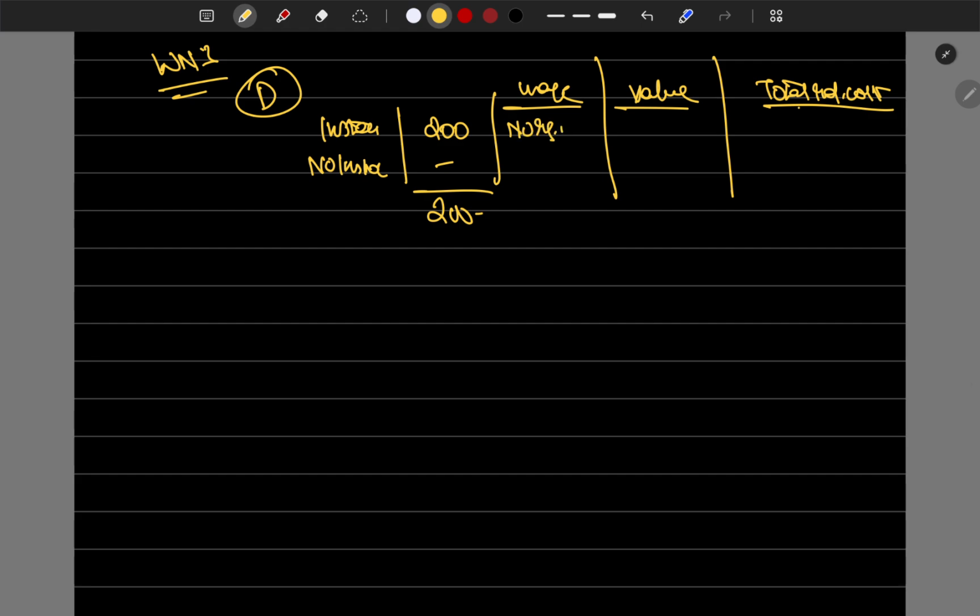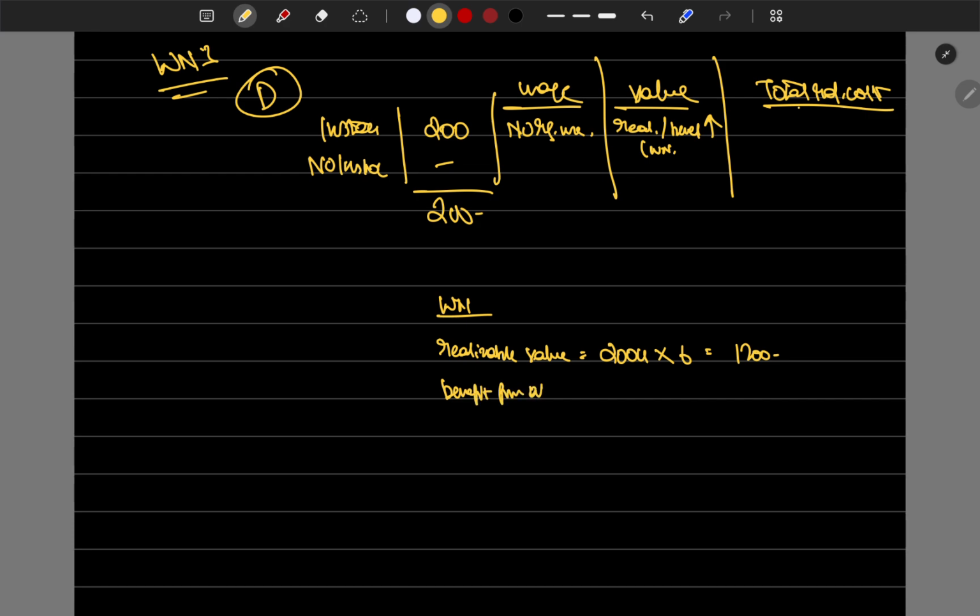No regular use. Now we have the option of realizable value or benefit from alternate use, whichever is higher. So let's do the working note. What's the realizable value? Realizable value is 200 units into 6, which is 1200.